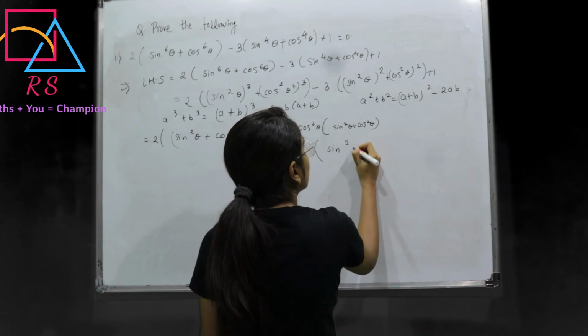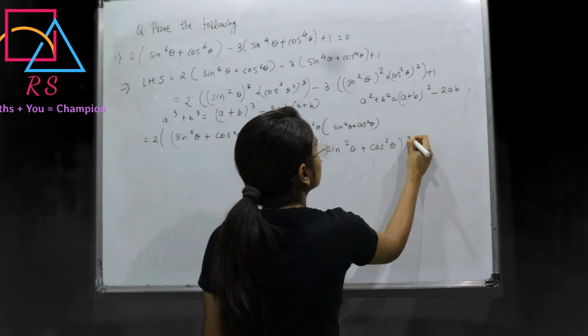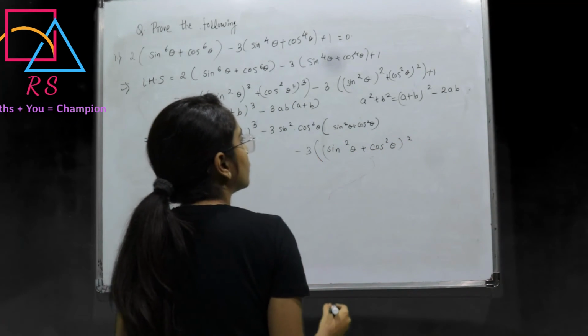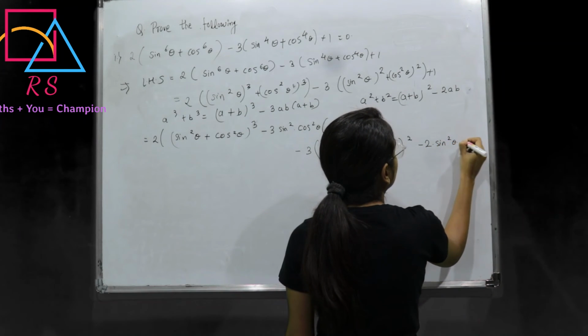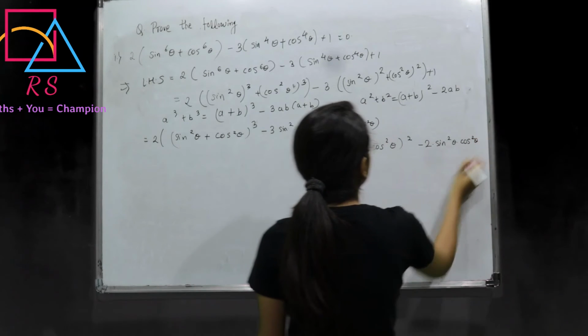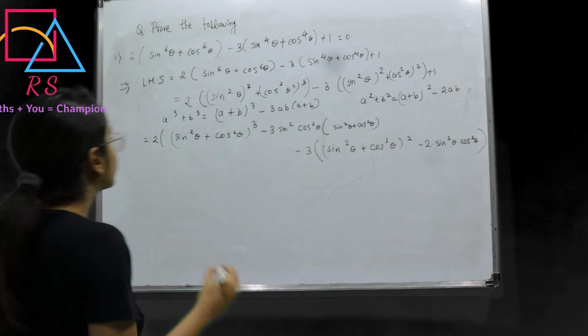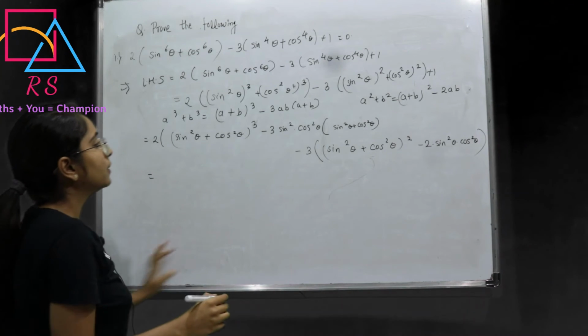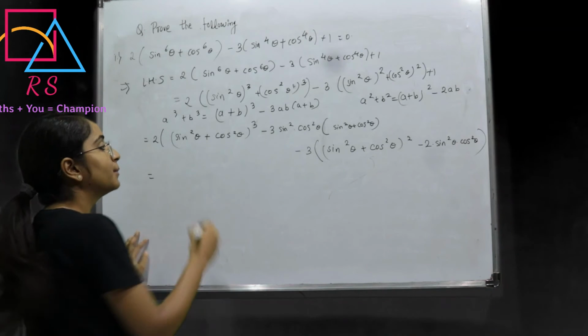I'll apply the formula (a plus b) whole square: (sine square theta plus cos square theta) whole square minus 2 into sine square theta and cos square theta.